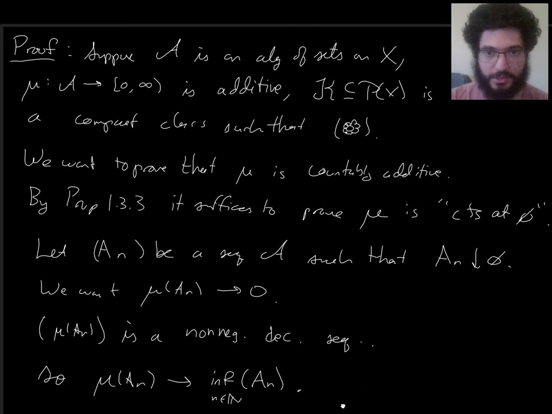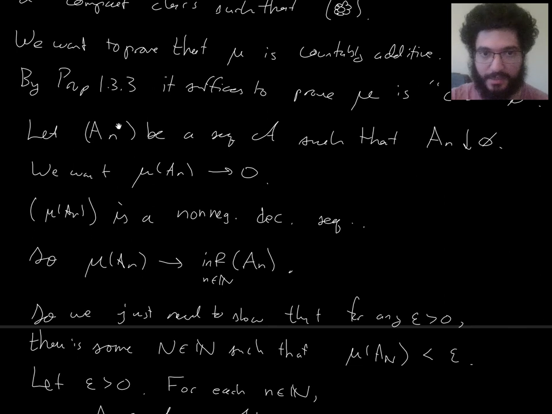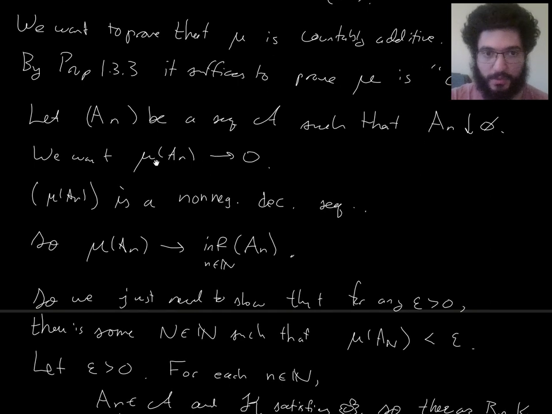Remember, my goal was to show, let's do a quick recap. My goal was to show mu is countably additive. That's equivalent to showing mu is, quote, continuous at the empty set. So I took my sequence of things in the algebra of sets that goes down to the empty set, and I want to show mu of that goes to 0.